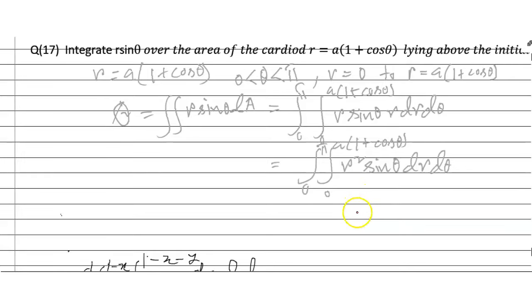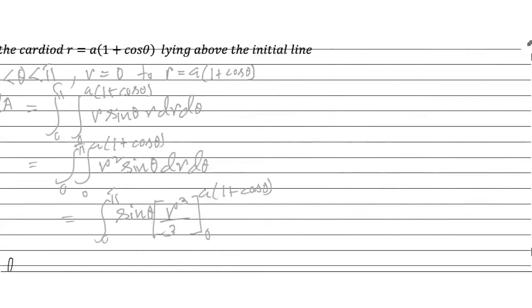So we can write this way: 0 to pi sine theta into r cube divided by 3, from 0 to a into 1 plus cos theta. A cube divided by 3, 0 to pi, into sine theta into 1 plus cos theta whole cube into d theta.